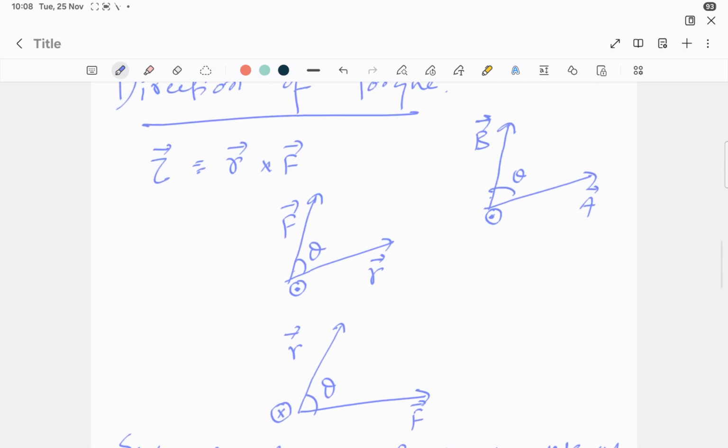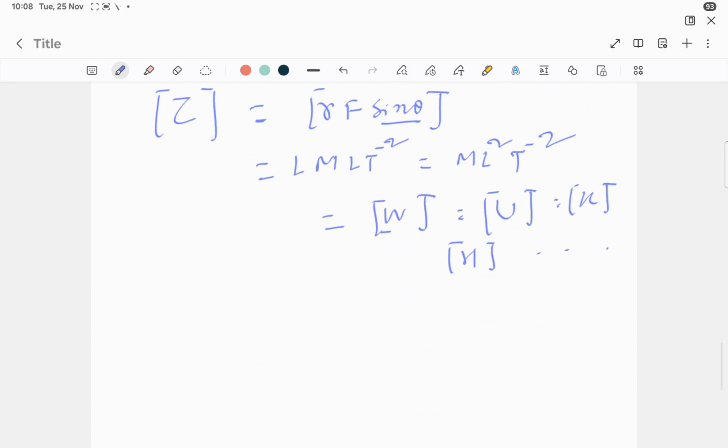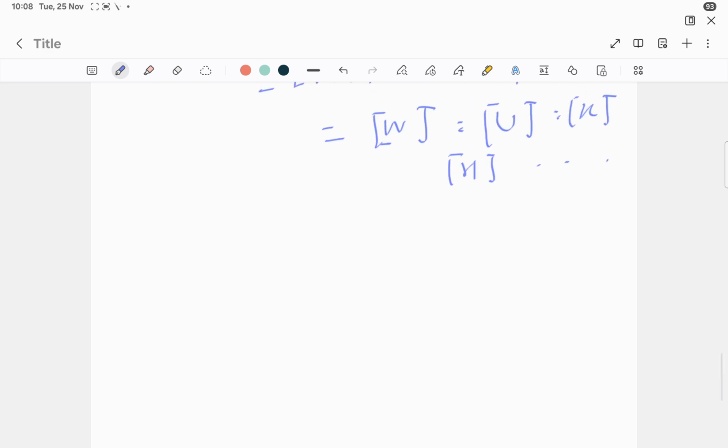Next, I would like to give, there is something called couple.